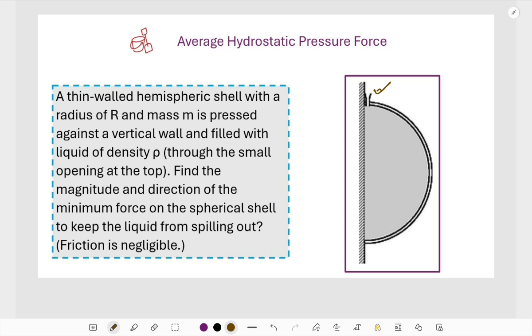So we are going to consider first the vertical components of the forces, and you can easily recognize that vertically two forces are acting: the weight of the hemispherical shell, which I would like to call mg, and the weight of the liquid.